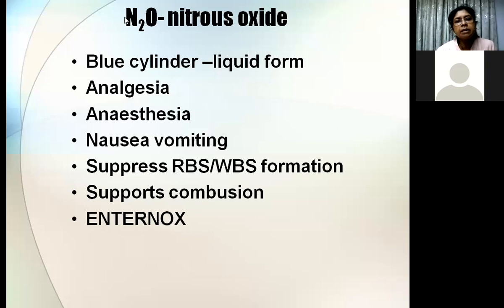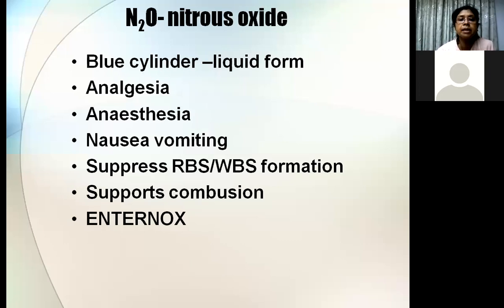So nitrous oxide is a drug that we use as an anesthetic. It has a tiny anesthesia effect, but it has an analgesia effect mostly, and we use it for labor pain and dental surgeries.